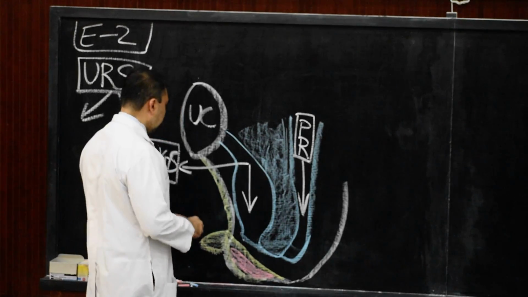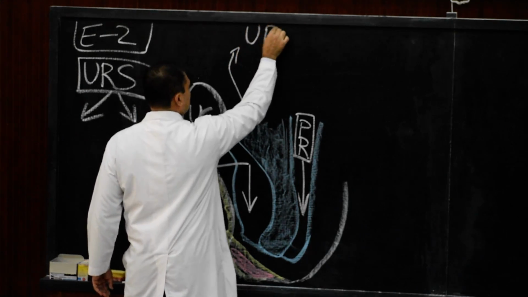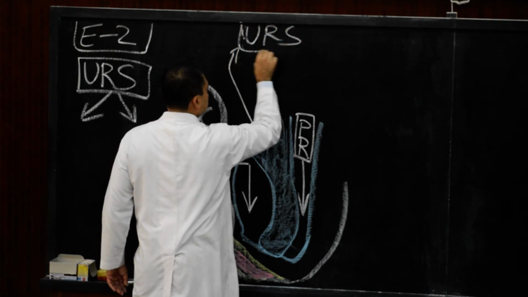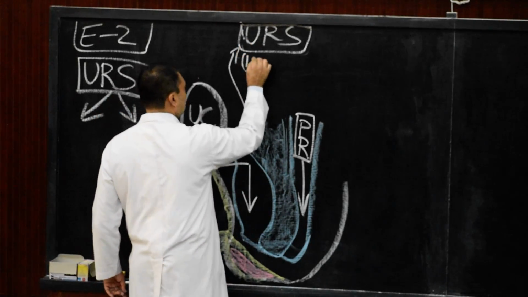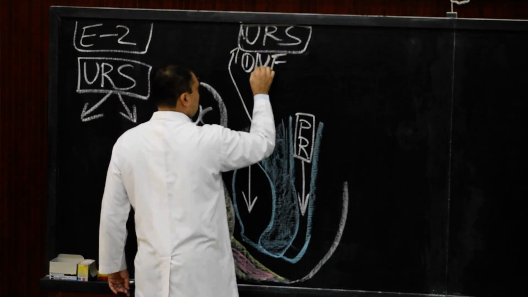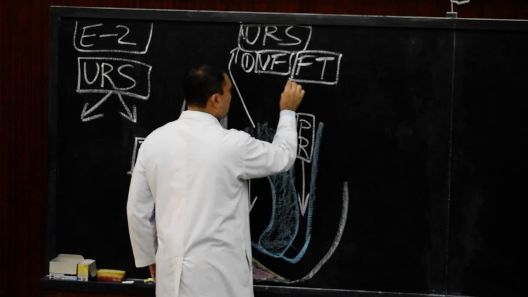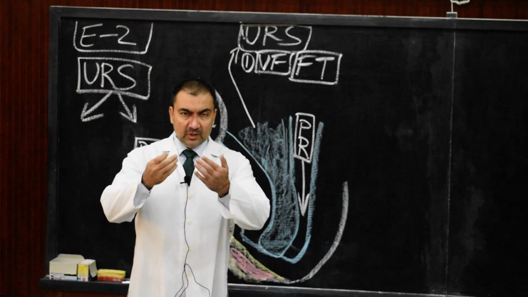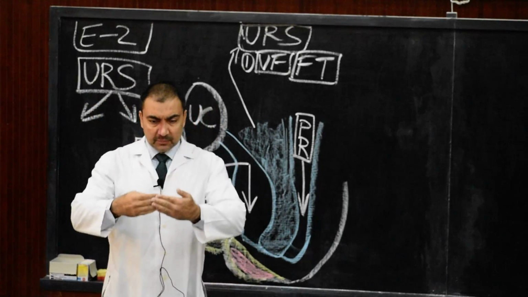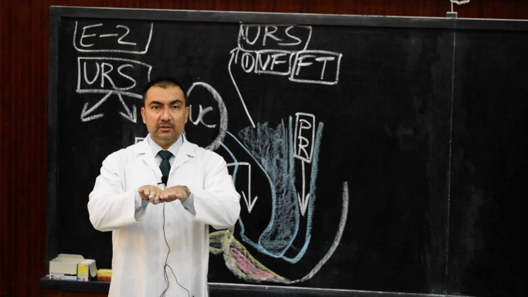So urorectal septum, now if I mention this as urorectal septum, it is comprising of three folds. Number 1, the first vertical fold, which will be known as the fold of Tourneaux, one vertical fold. It will merge with the two lateral folds coming from either side in the endodermal cloaca.